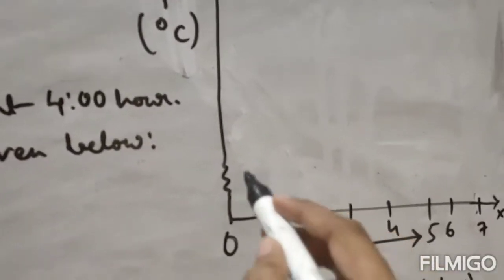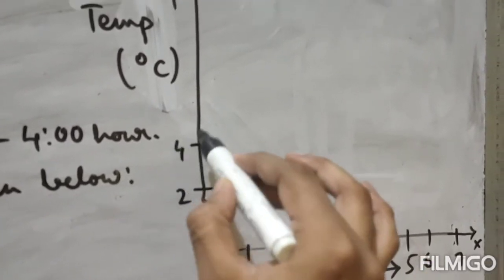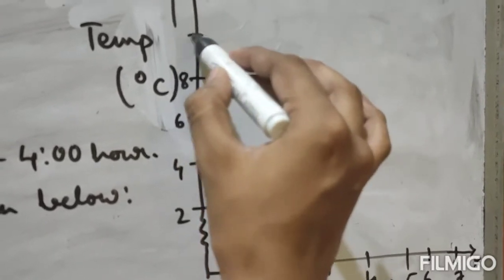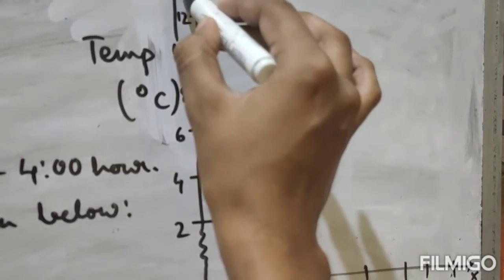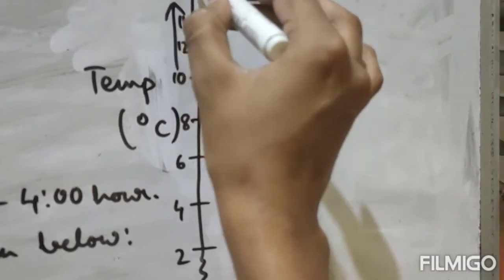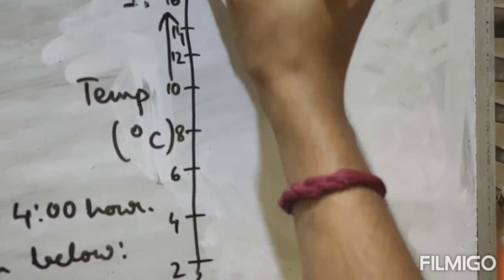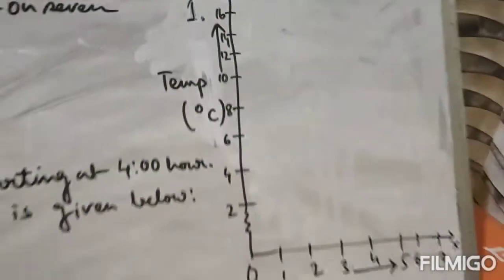We will plot temperature taking 2 units along the y-axis: 2, 4, 6, 8, 10, 12, 14, 16, 18, and extend this y-axis so that we can plot 20 also. This is the y-axis.